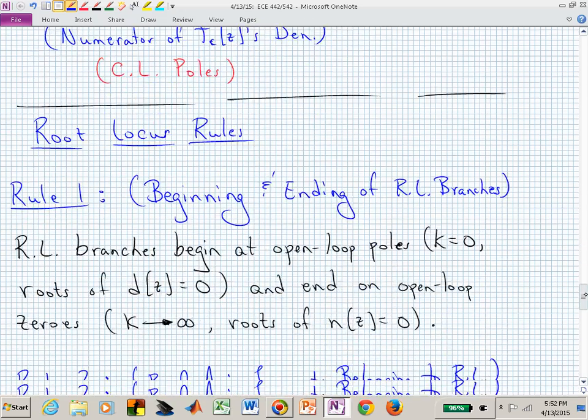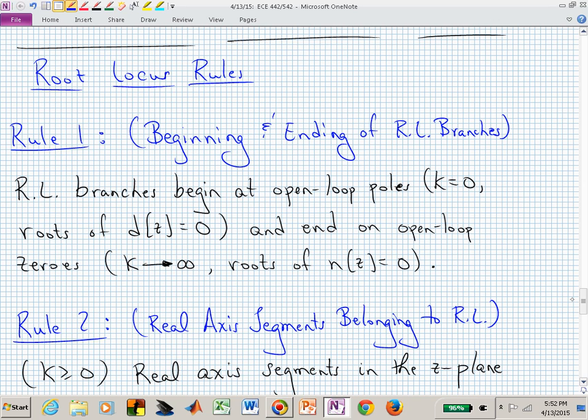You only have to listen to me for a little bit more, and then we will slow down and start playing with some examples. Here are some quick summaries of the first 3 rules of constructing the root locus. Rule 1 you could just think of as the beginning and ending of the root locus. Where do you start your root locus?